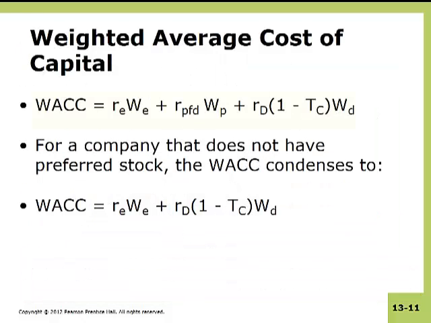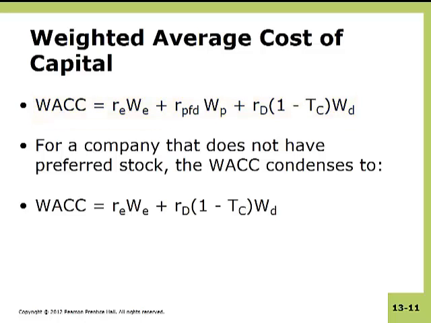We put everything together. The weighted average cost of capital then equals the weight of equity times the cost of equity, which is R sub E times W sub E, plus the weight of preferred times the cost of preferred. The weight of preferred is W sub P times the cost of preferred, R sub PFD. Plus the weight of debt, times 1 minus the tax rate because interest paid on debt is tax deductible, times the cost of debt.